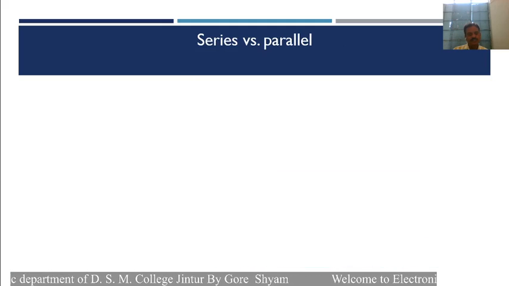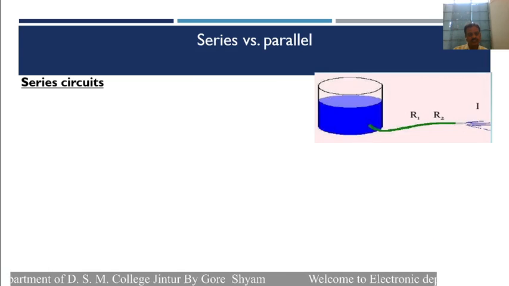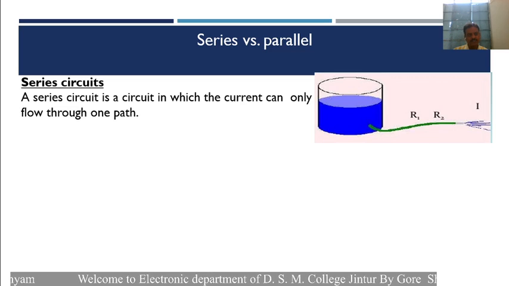Okay. So, the series circuit is like this. Here, this is the series circuit and it has only one line, and in between this line there may be a number of resistances. Such types of circuit are known as the series circuit, a circuit in which the current can flow through only one path.